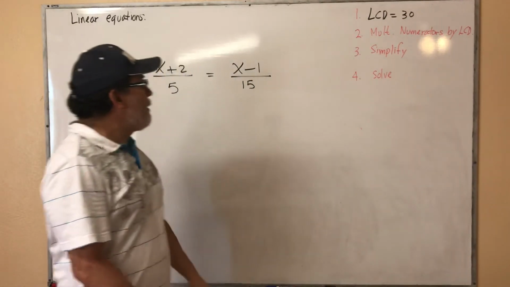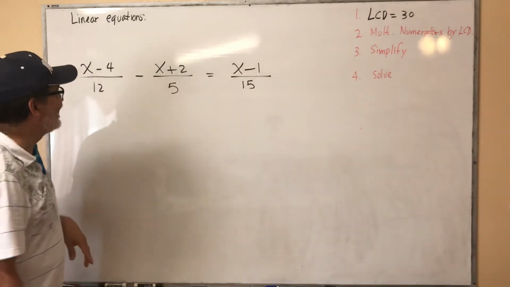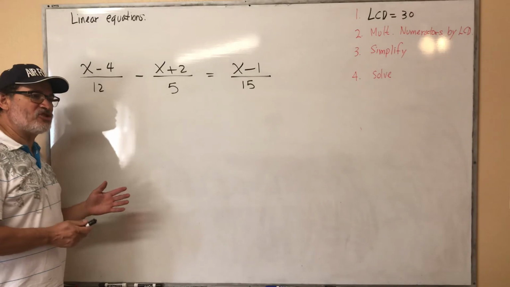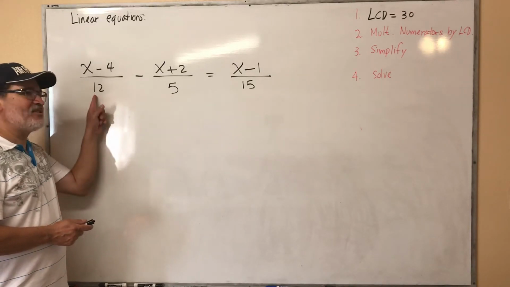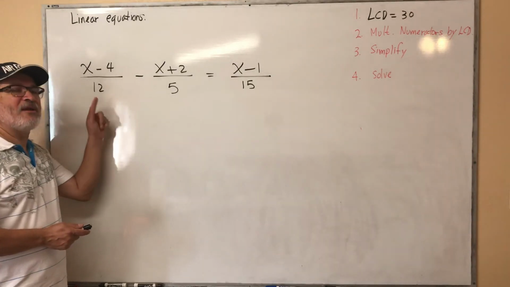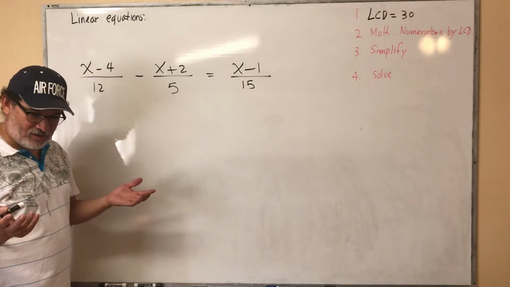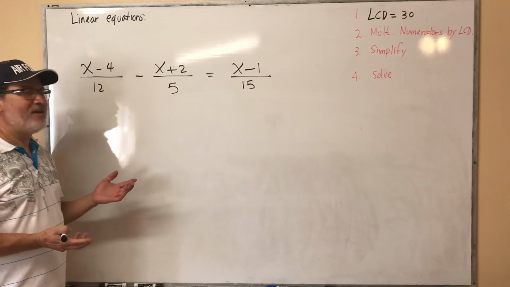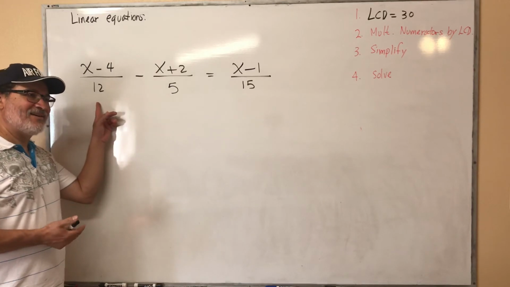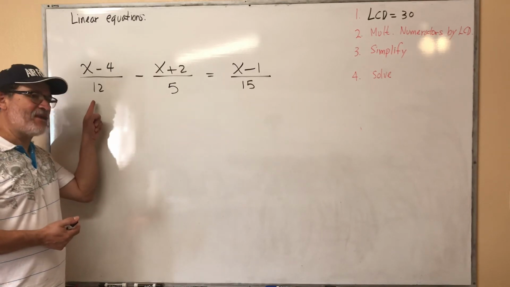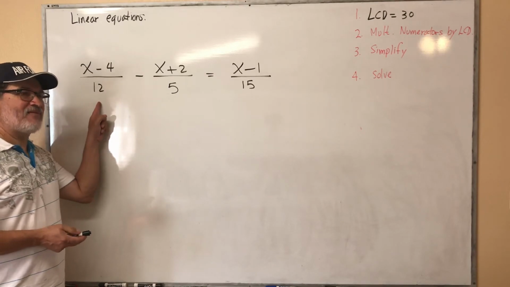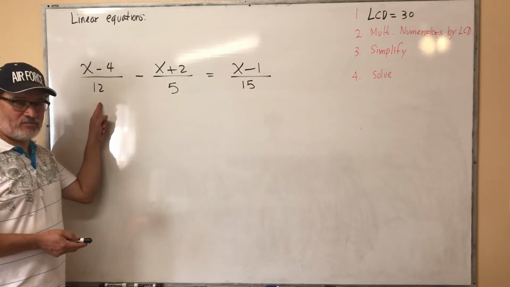Now, because in the other equation that we just did, the denominators were already factored, we didn't have to do that. But in this case, these denominators have not been prime factored, okay?